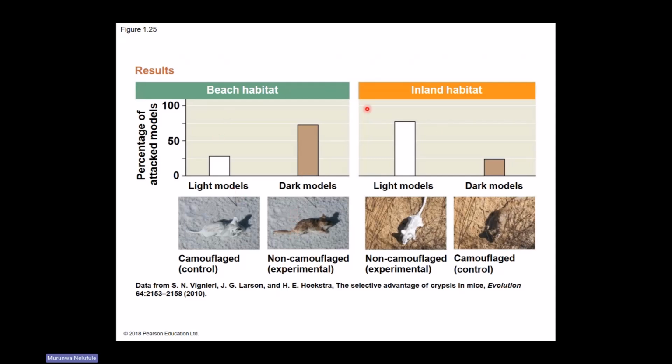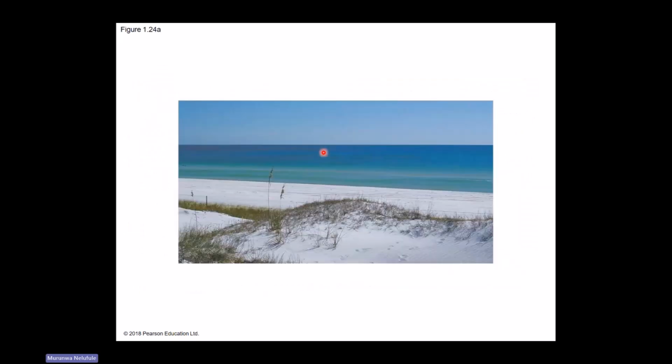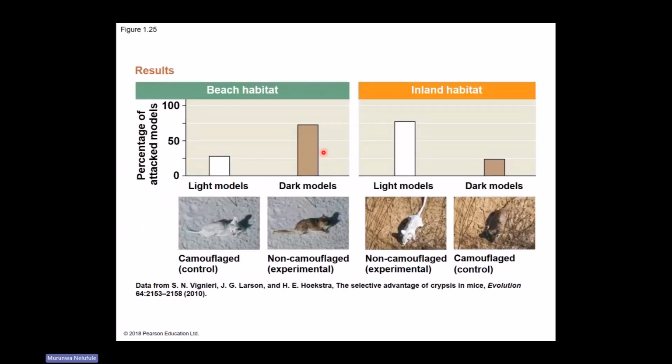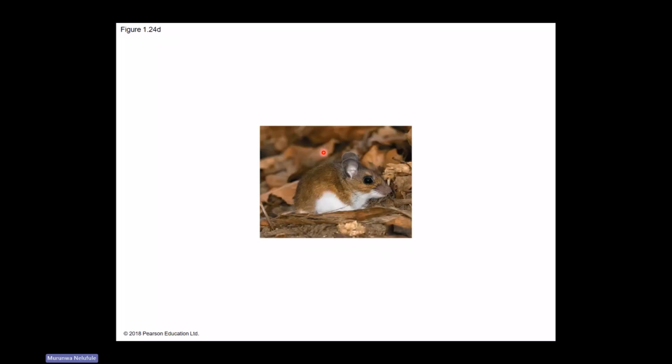So in each habitat, there were two types of models, the dark models and the light models, in both the beach and the inland. Remember, this is the beach and this is the inland. So in both areas, they put both the light mouse and the dark mouse.